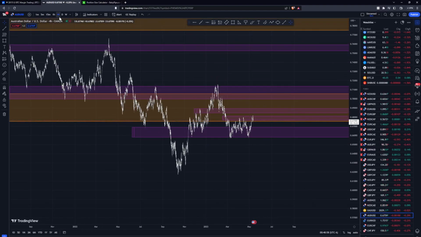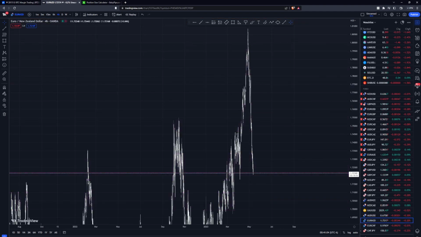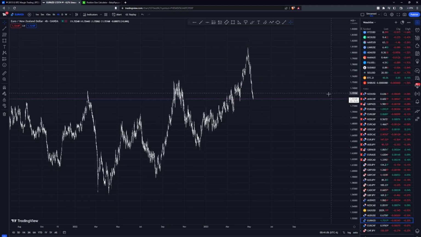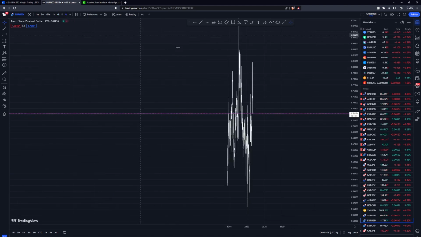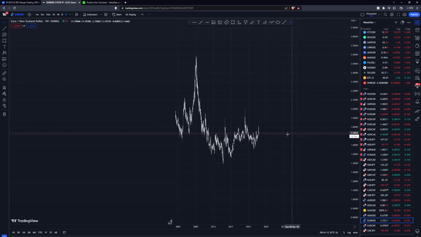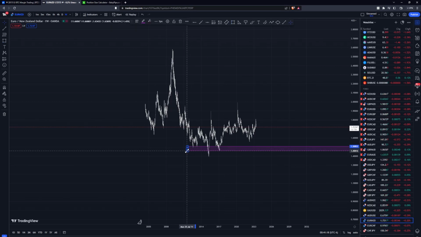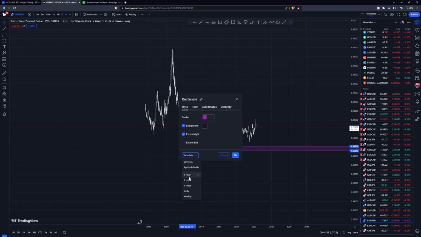So 1 hour might be a little bit more of a sweet spot for day trading, and I did that more a while ago. I think I might start looking back into it a little bit more, but obviously the higher the time frame, like I mentioned before, the more respected the zone will be typically.